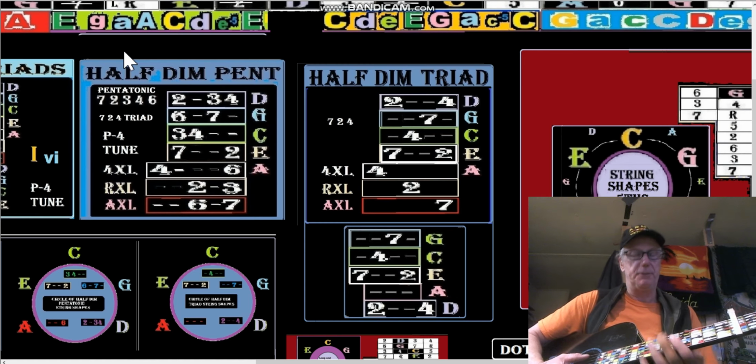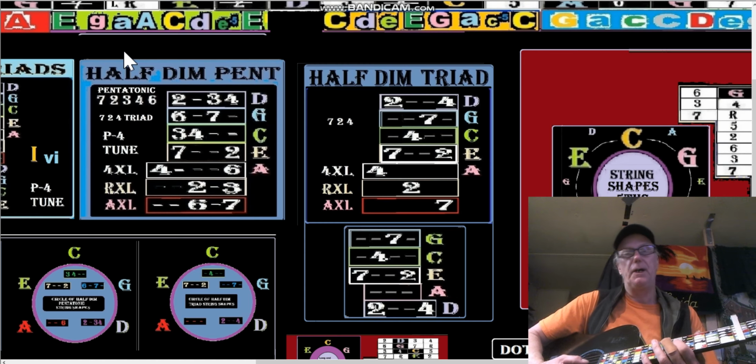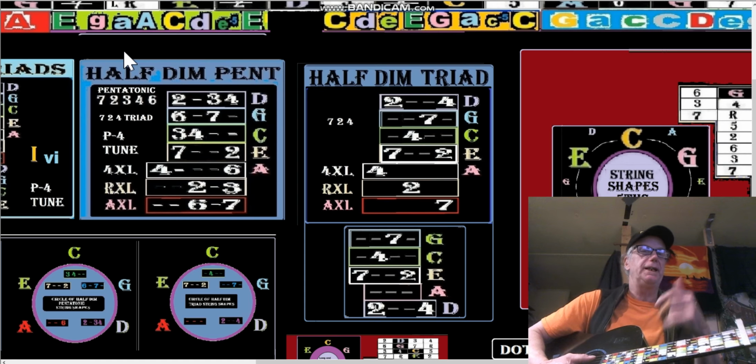That's just going up the diatonic scale. We play in the major pentatonic.